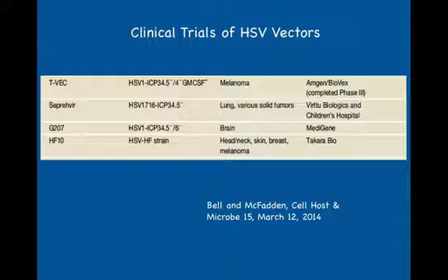G207, same deletion. This is for brain, and this was specifically chosen because HSV is neurotropic, and those results are still not out at the time I'm recording this. HF10 is an HSV, looks like an attenuated strain.